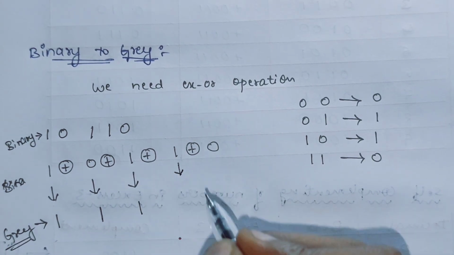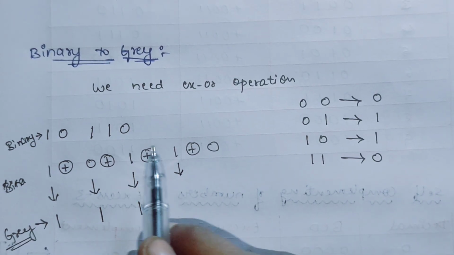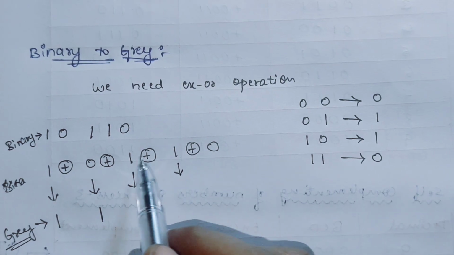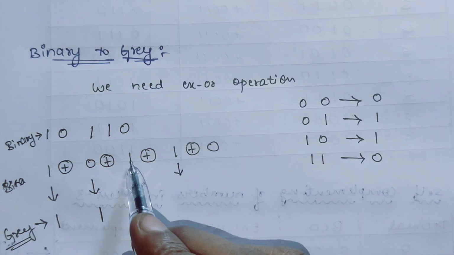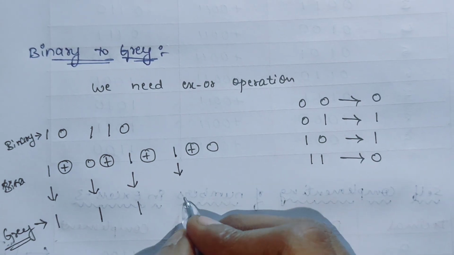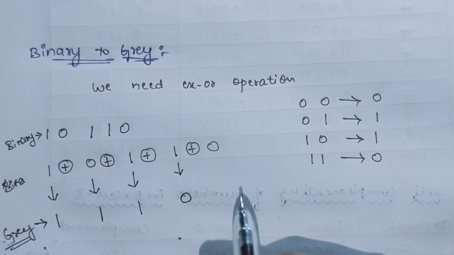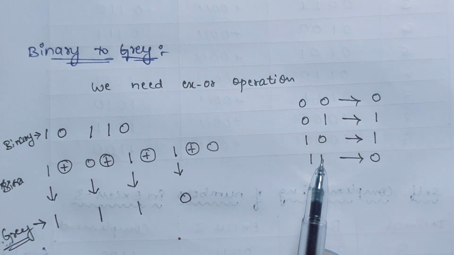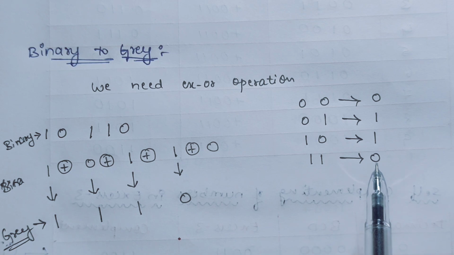Next, let's write the other. Let's compare the third and fourth term while writing the fourth digit. Here we have the same digits, 1 and 1, so we need to put 0. Because in a basic XOR operation, if we get two inputs the same, then the output will be 0.